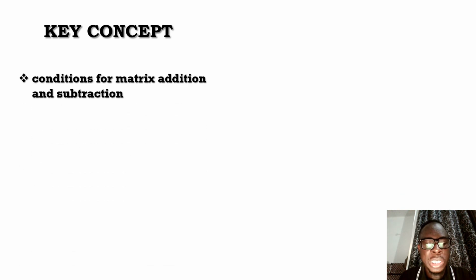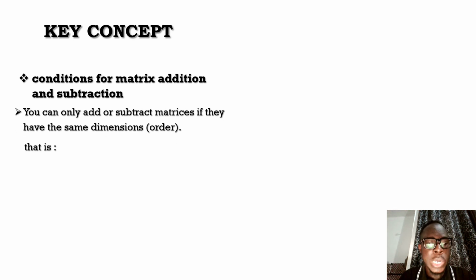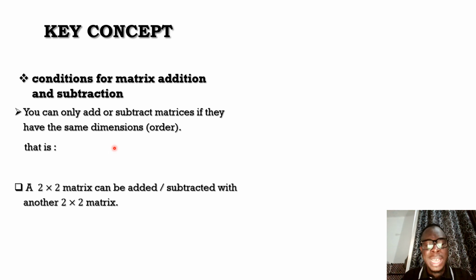What are the conditions for a matrix to be able to be added or subtracted? You can only add or subtract matrices if they have the same dimensions, which means if they have the same order. So, what does it mean?